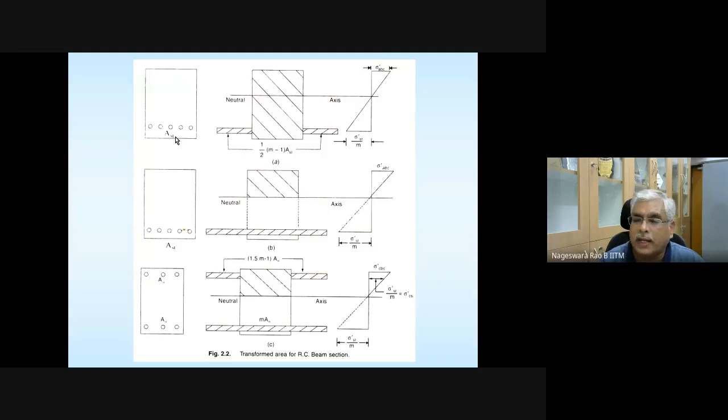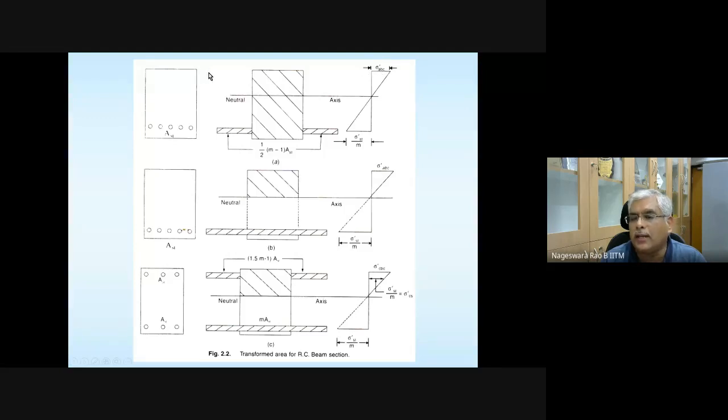At that time, the entire section is going to be effective. The stress distribution is going to be something like this.